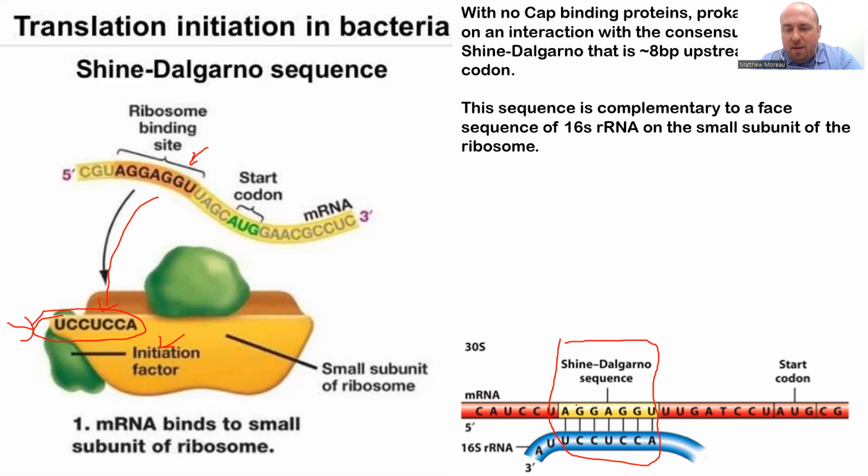And then what you get is that the distance between this initial A and this U is a number divisible by 3. So when the mRNA binds, the ribosome can fit codons from the Shine-Dalgarno sequence on through until it reaches that first start methionine.